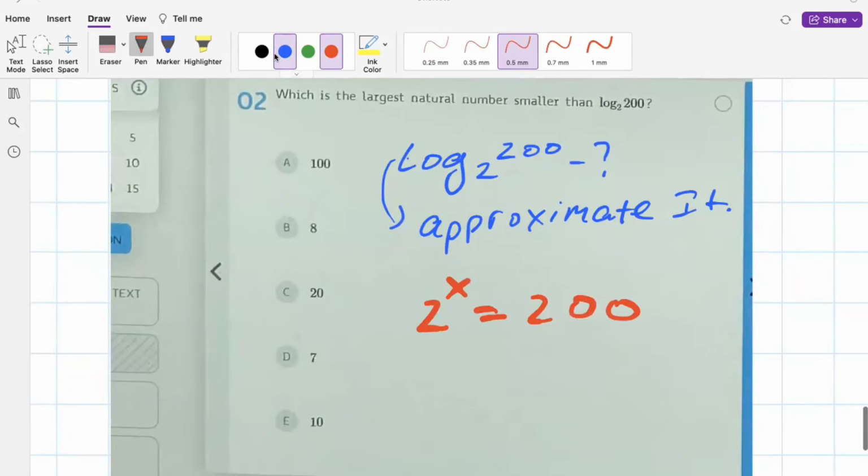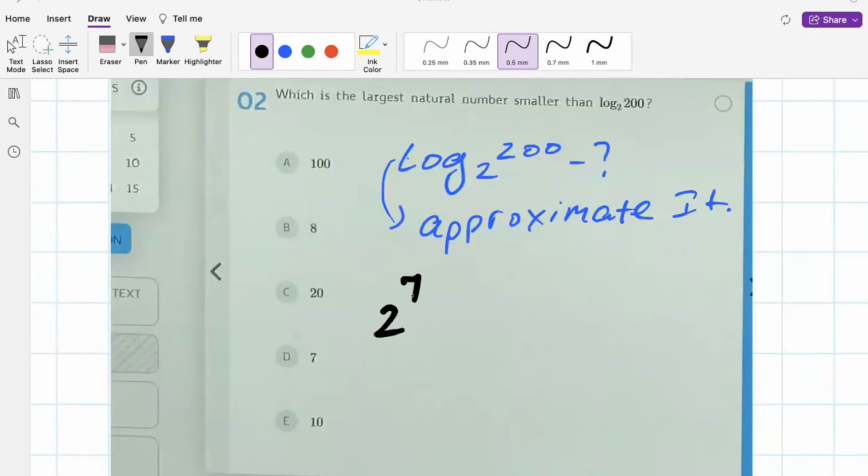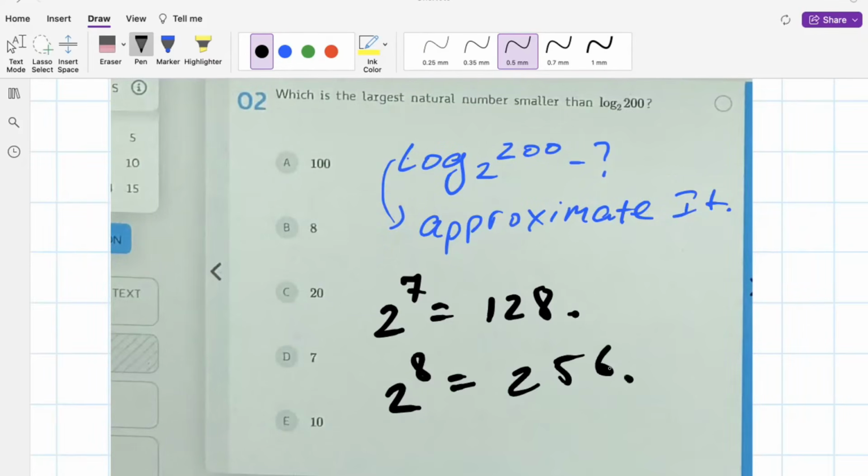You cannot answer right away, because if you take the powers of 2, it's going to be something like 2 to the power of 7, which, if I'm not wrong, is 128. And 2 to the power of 8 is 256, right?